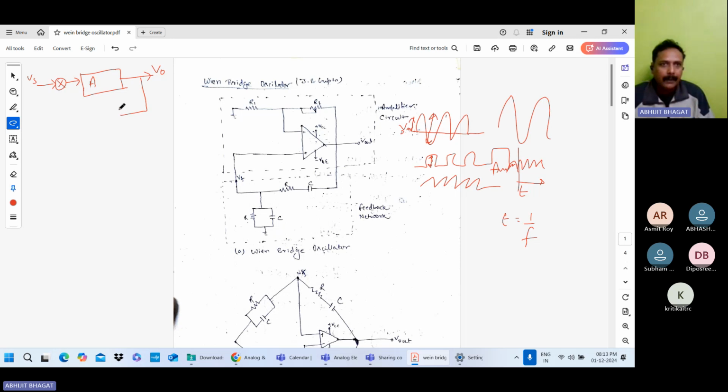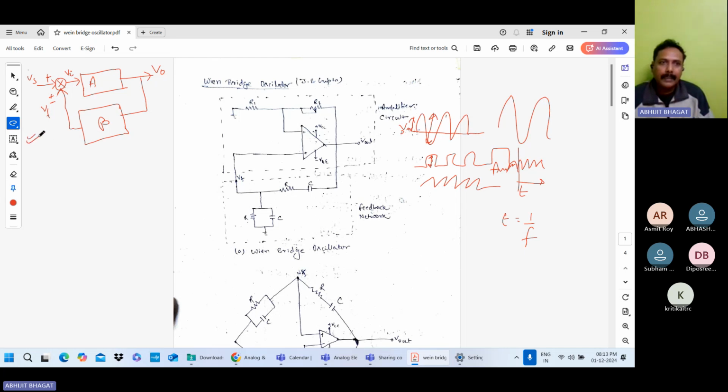There is a feedback network having the feedback ratio beta, and this is back to the input side. I think all of you remember this circuit. This Vs is always positive. Your feedback is either positive or negative. This signal is Vi, the input going to the amplifier. Vf is the feedback voltage. V0 is the output voltage, and Vs is the signal voltage.